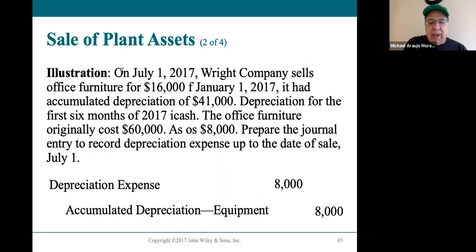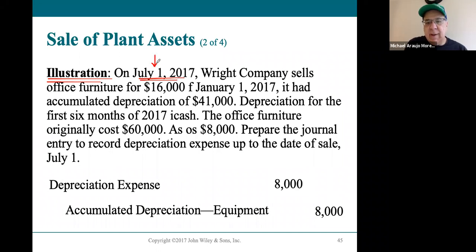And again, once we actually do sell our plant asset, we also have to make sure we are appropriately journaling what we're doing. So in this case, this is an illustration where this company sells furniture on July the 1st.